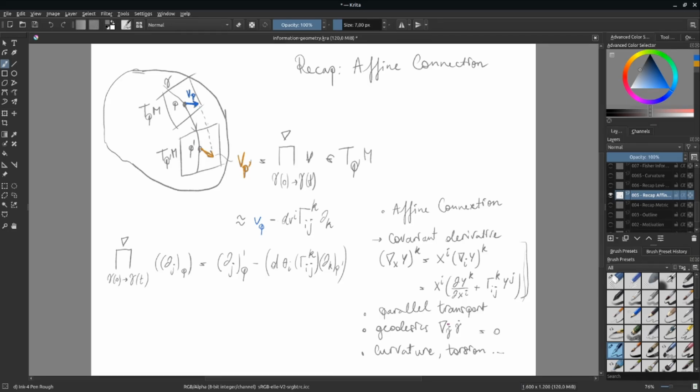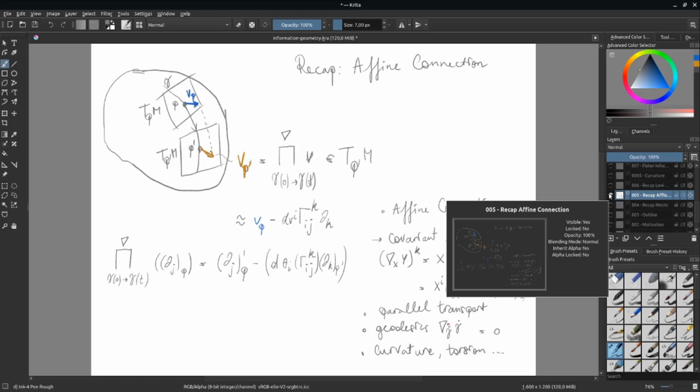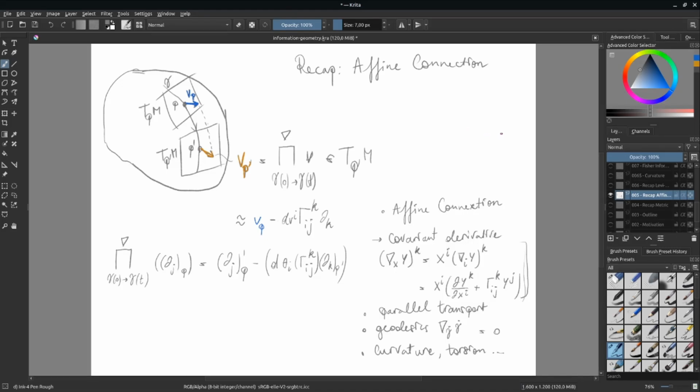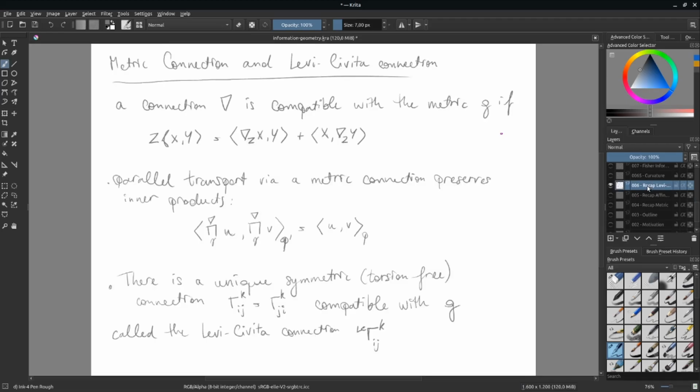Also, something that we didn't cover then and unfortunately won't be covering too much today either is the notion of curvature and torsion. But note that the notion of an affine connection and the notion of a metric don't have to play together by default, but let's get to that.